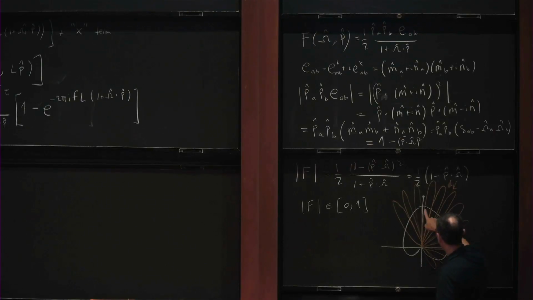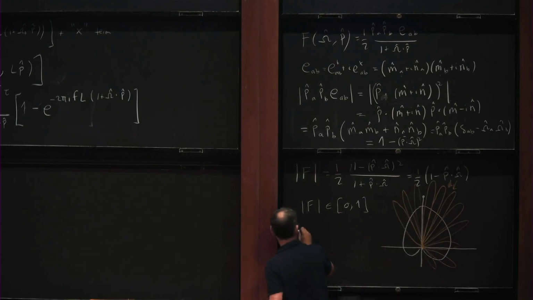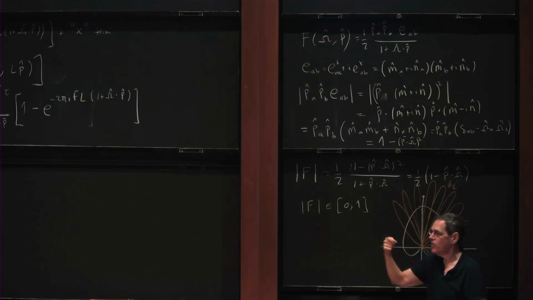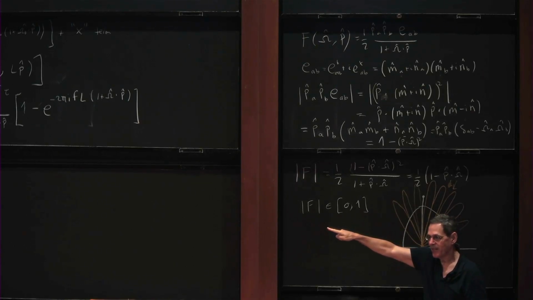So the angle theta, if I want to, I could write this as 1 minus the cosine of theta, where theta was the angle between omega hat and p hat. But remember that omega hat's the direction the gravitational wave is traveling in. So if omega hat is pointing towards me, that means the source is at minus omega hat.